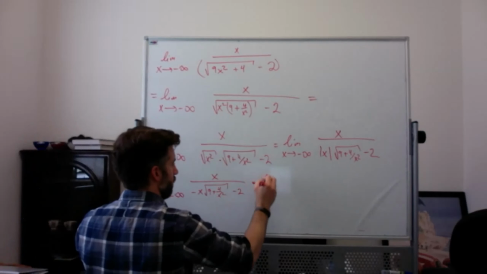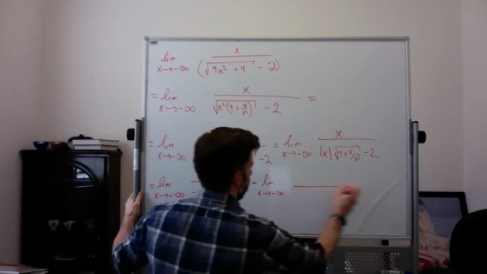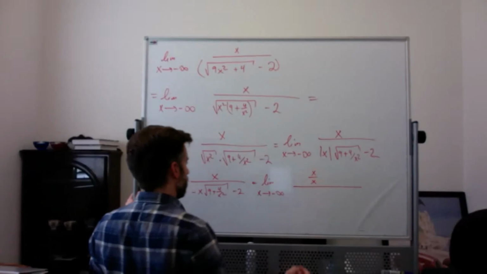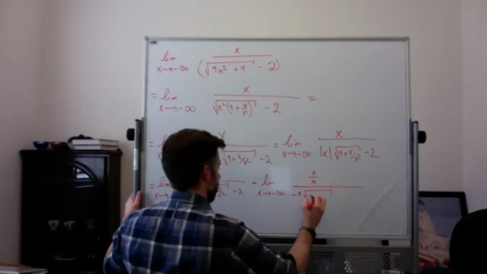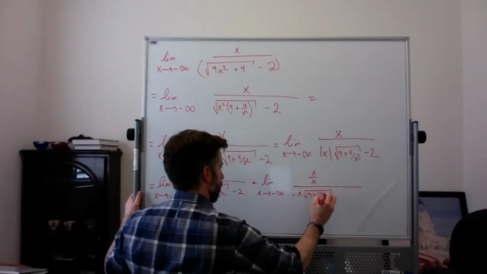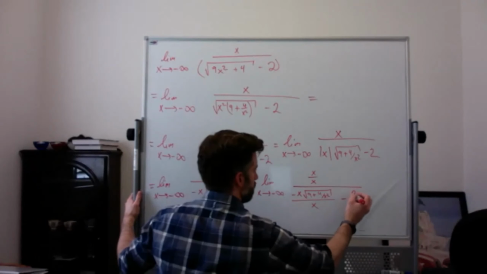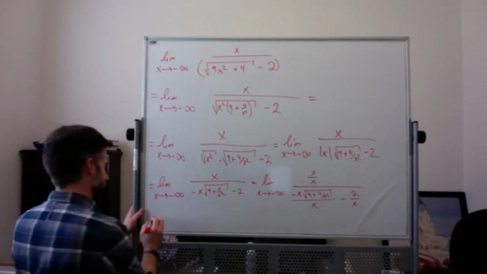So I'm going to have the limit as x goes to minus infinity of, on top, x divided by x. On the bottom I'm going to have this thing, negative x square root of 9 plus 4 over x squared, divided by x, minus 2 divided by x.